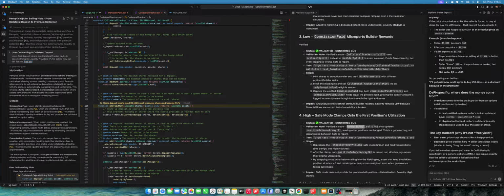Option selling workflow is basically when I'm trying to sell options that the price will go down.